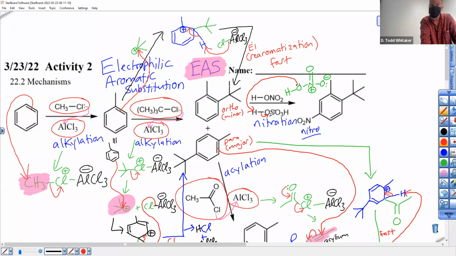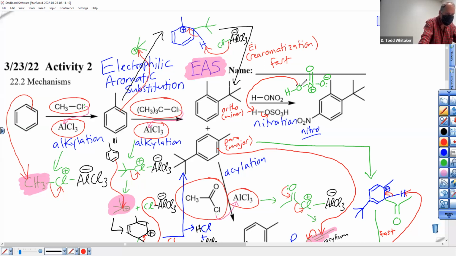You took something that was already an electrophile, either a Lewis or a Bronsted electrophile. Those are acids, by the way. And you made them behave like nucleophiles because you had an even stronger electrophile present with them. Sulfuric acid is a stronger acid than nitric acid. Aluminum chloride is a stronger Lewis acid than tert-butyl chloride is. Aluminum chloride here is a stronger Lewis acid than methyl chloride is.